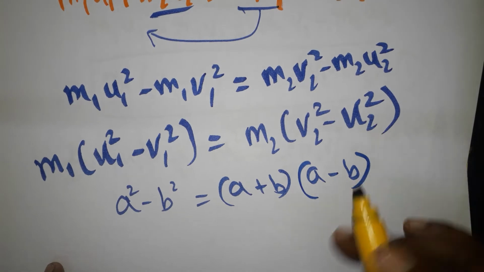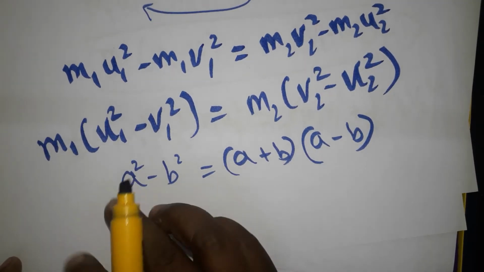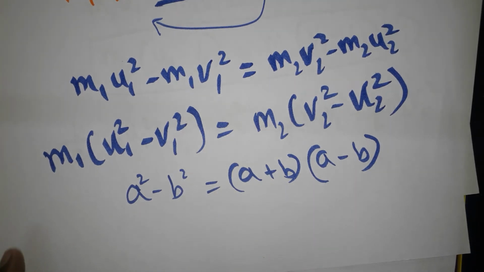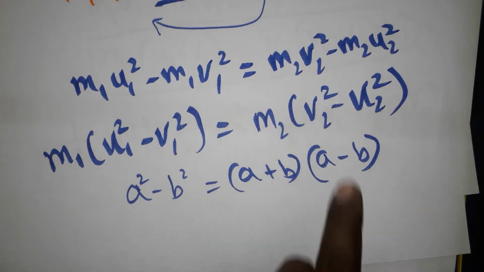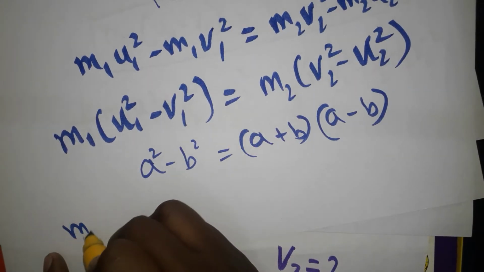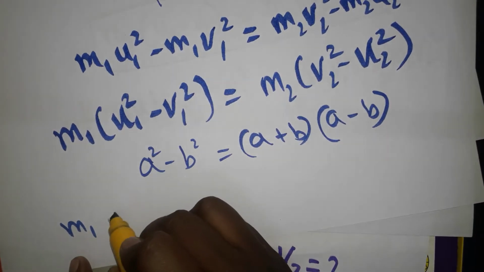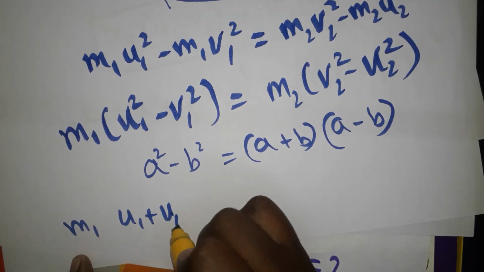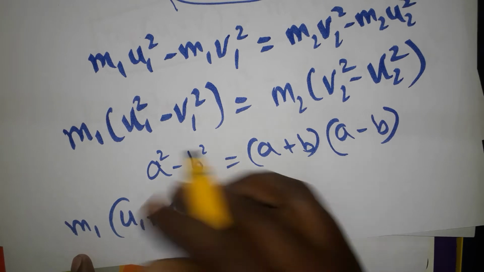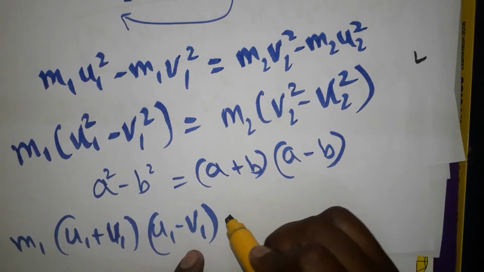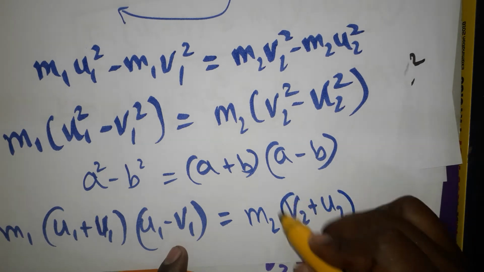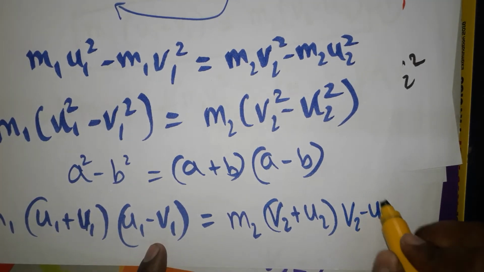It's a very simple identity. Here we write a plus b, a minus b, and here also a plus b, a minus b. See how I am writing: m1 times (u1 plus v1) times (u1 minus v1) is equal to m2 times (v2 plus u2) times (v2 minus u2).